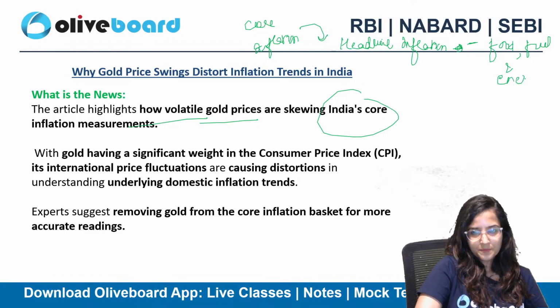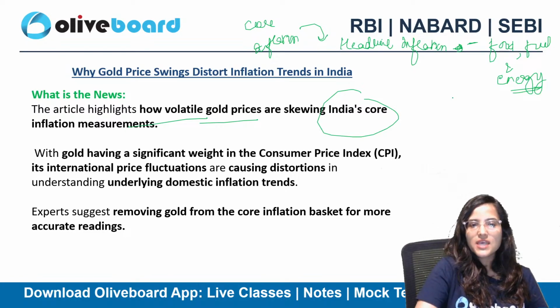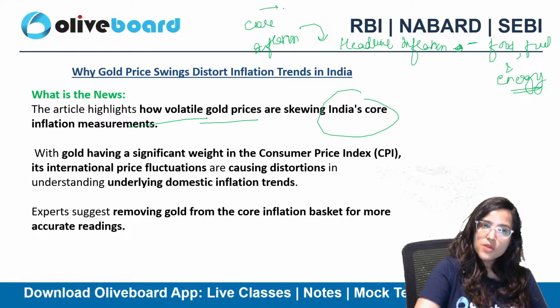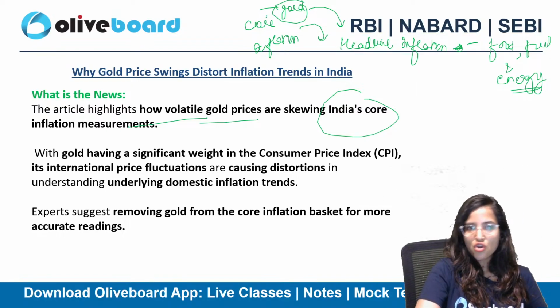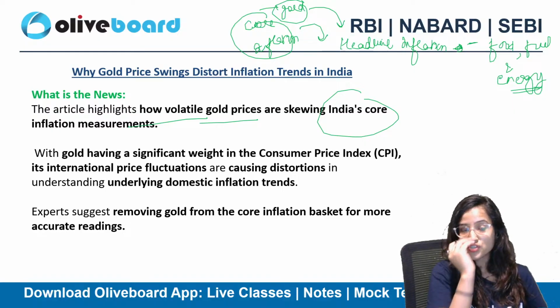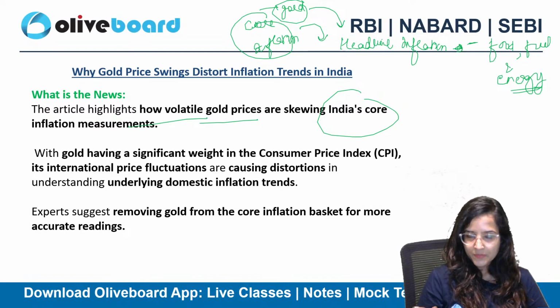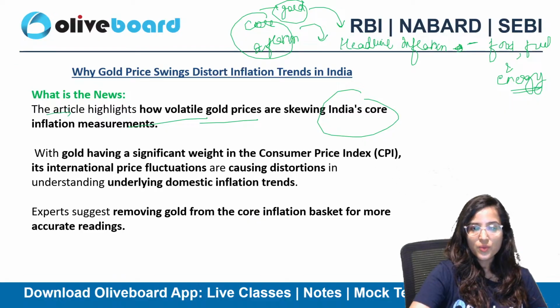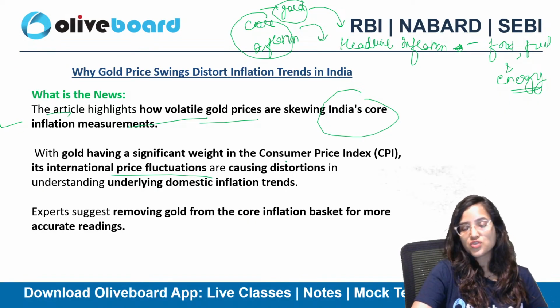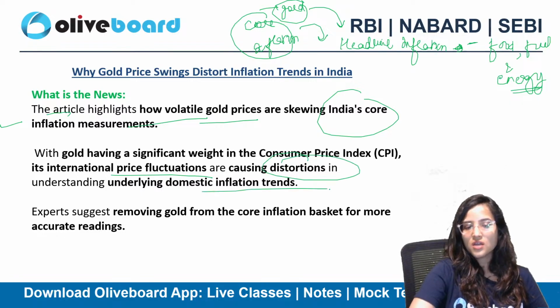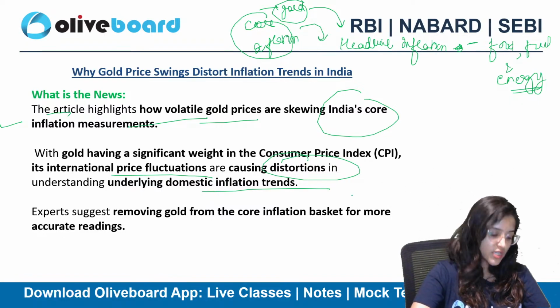But what we are saying is that we need to exclude gold prices also from headline inflation in order to get a clear picture of core inflation. Why? Because gold prices are also very volatile. With gold having a significant weight in the Consumer Price Index, its international price fluctuations are causing distortions in the domestic inflation trends, and that is why we should exclude it also.